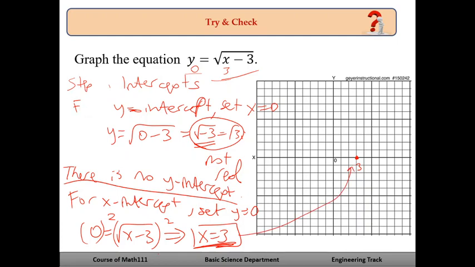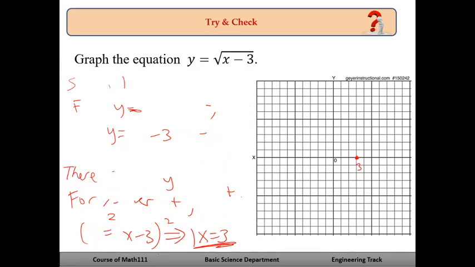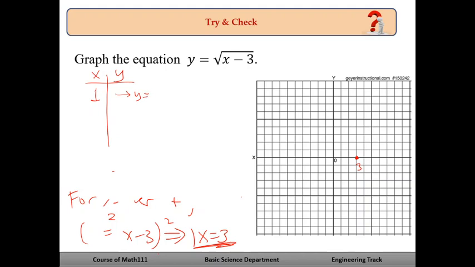Anyway, let's choose the other points. This is the x-intercept only. And what about the other points? Well, let's make a table like this. For example, how about putting 1? So what do you get? Y equal to square root of 1 minus 3.